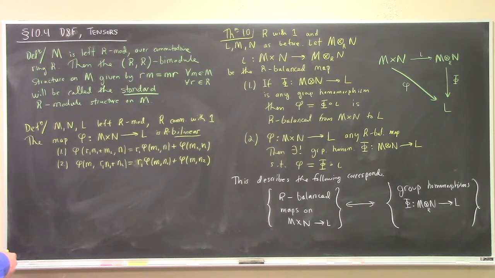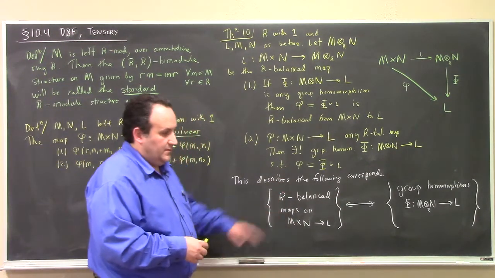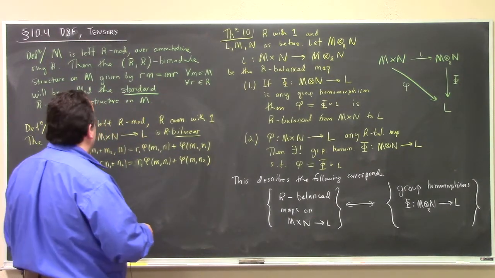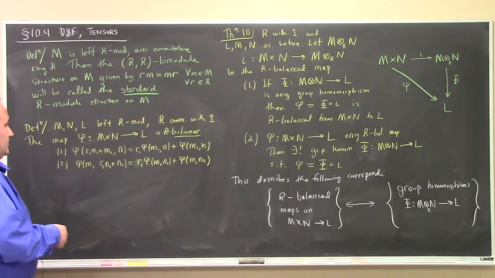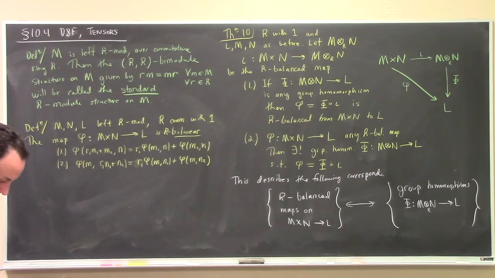In this context, instead of having R-balanced maps, you get R bilinear maps.